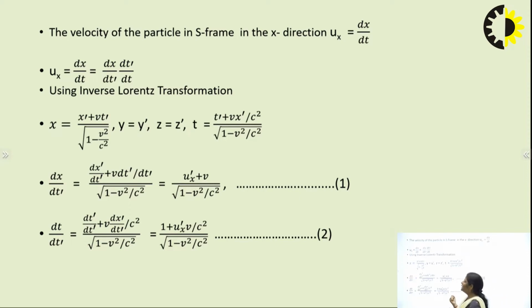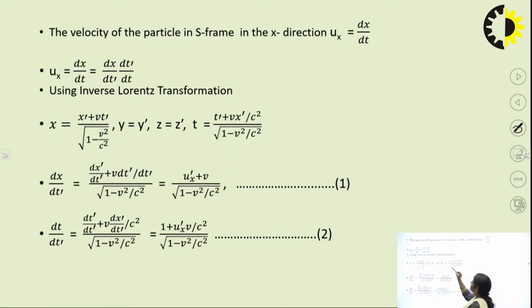As you can see, we are calculating the x component of the velocity. So we will require this x part, x dash plus vt dash upon 1 minus v square by c square square root, and we differentiate this, dx by dt dash. You can see that we have to do this part first, this dx by dt dash part.